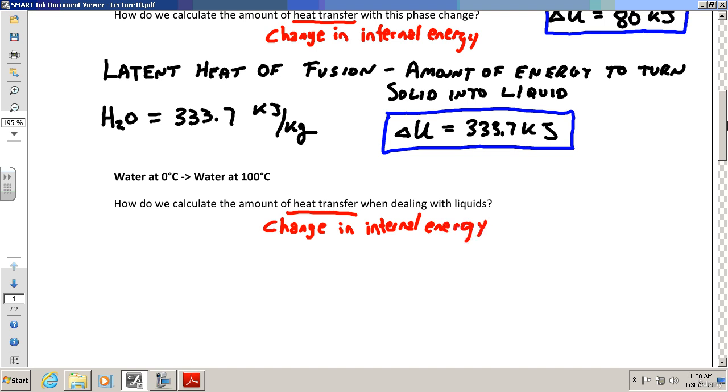When dealing with liquids, what do we do? Well, it's the same thing that we do with solids. We apply specific heat. So again, with liquids and solids, you have no other choice. You have to use specific heats. That's why specific heats are so important.